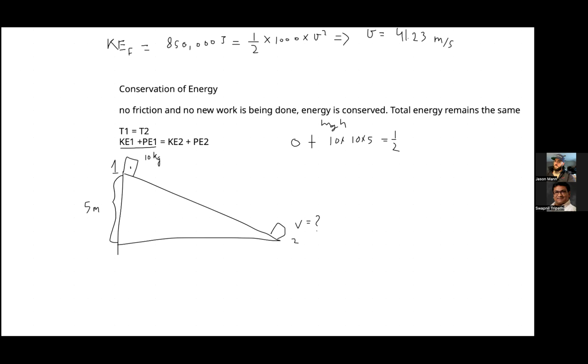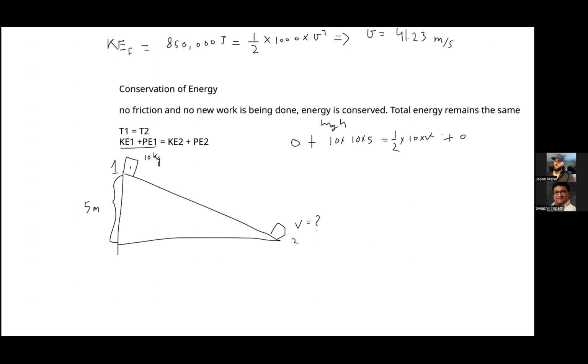Half times 10, but the velocity is unknown, so we'll just call it v squared. And what is the potential energy at 2? The potential energy at 2 is 0 because the height is 0.